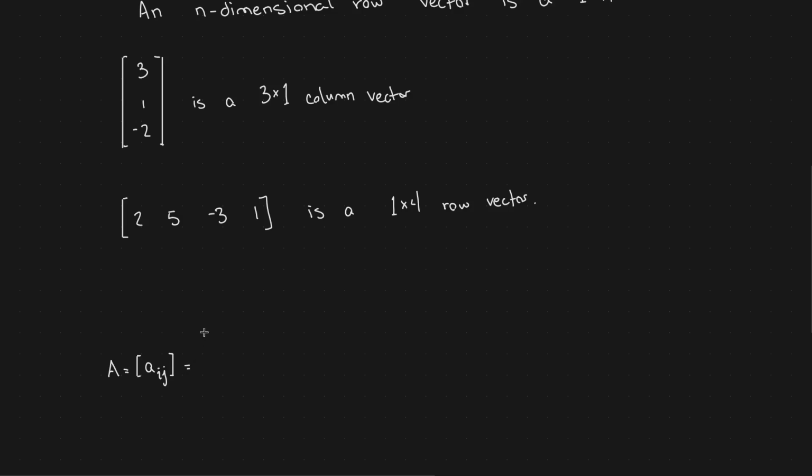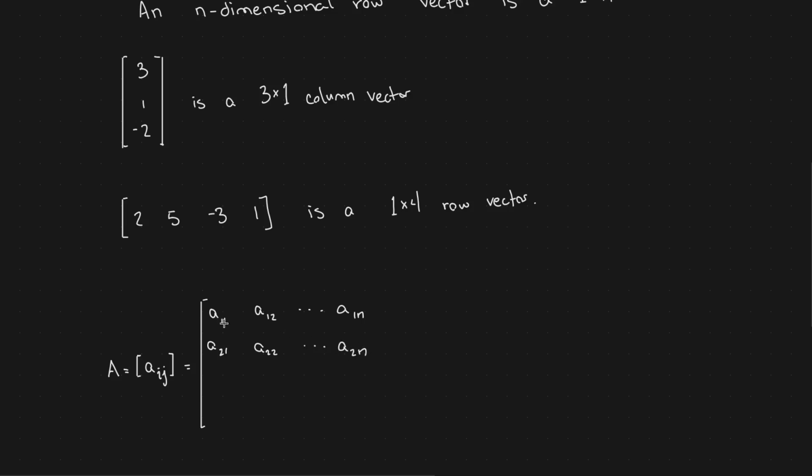So if I write that out a little more formally, I'd have A11, A12, all the way to however many rows I have, A1n. Next row, A21, A22, all the way to A2n.